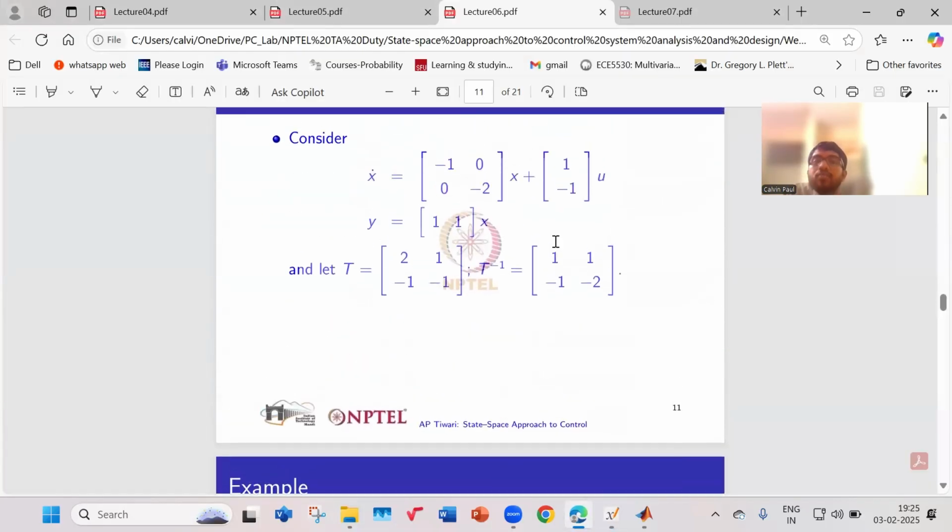So this is the system. x dot is equal to Ax plus Bu, y is Cx. And now using the transformation matrix, we need to find the new updated state space matrices of that model. Okay. So how do we proceed with that?